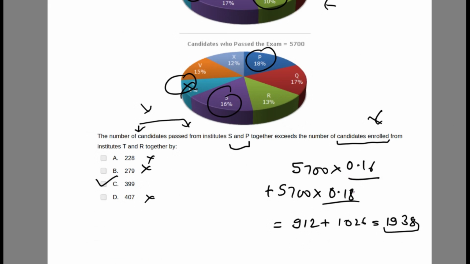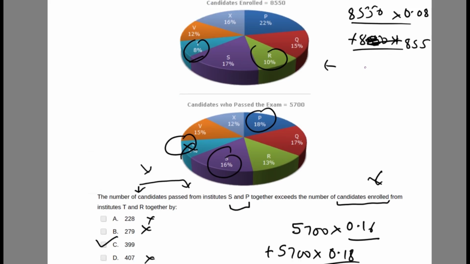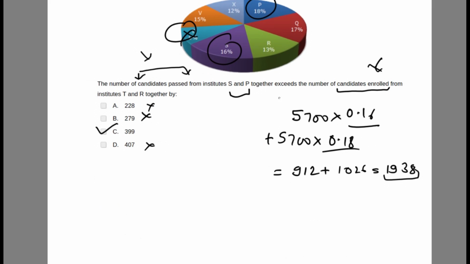So next, I found the candidates enrolled and found the summation for that. And then the question asked how much the summation of this, which is 1938, exceeds the summation of this, which was 1539 maybe. So the result is 399, which is option C. So all of the others are wrong.